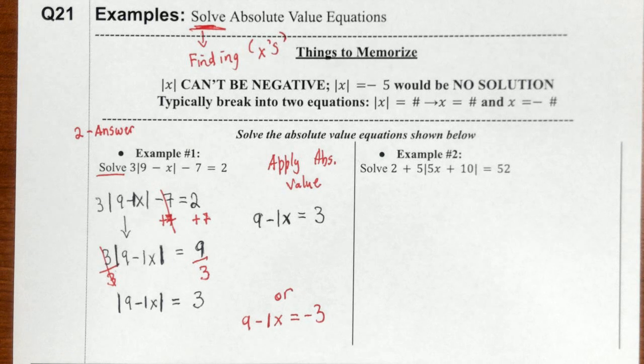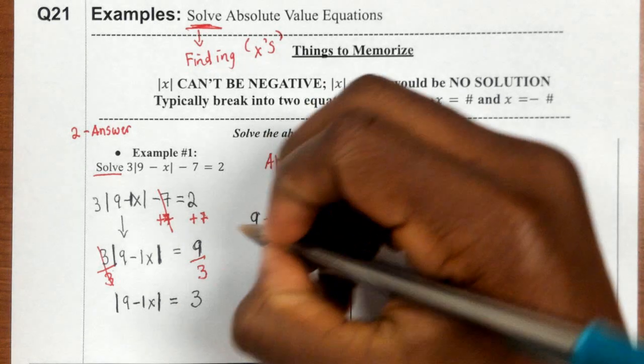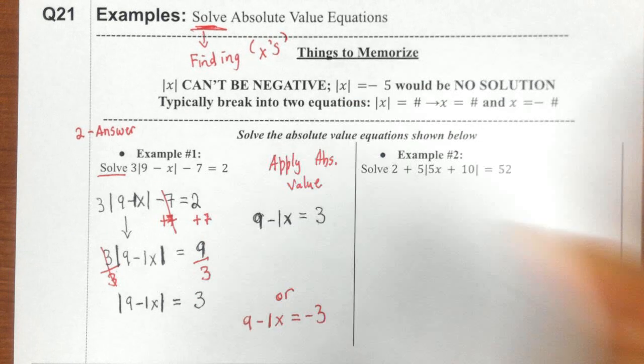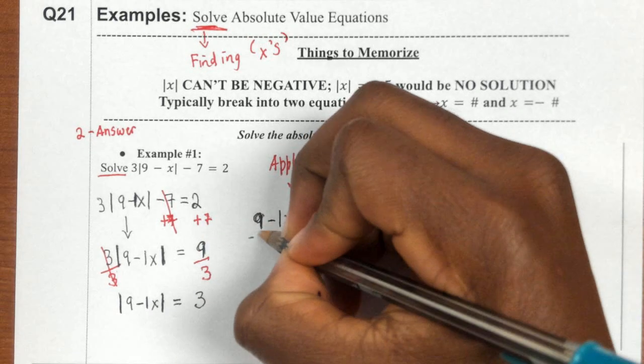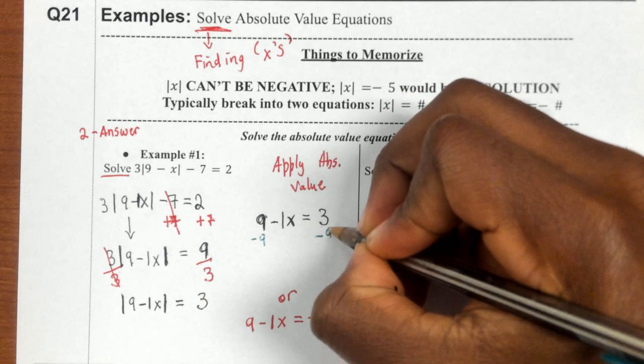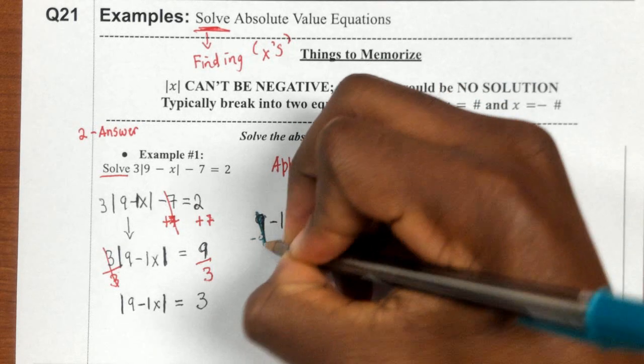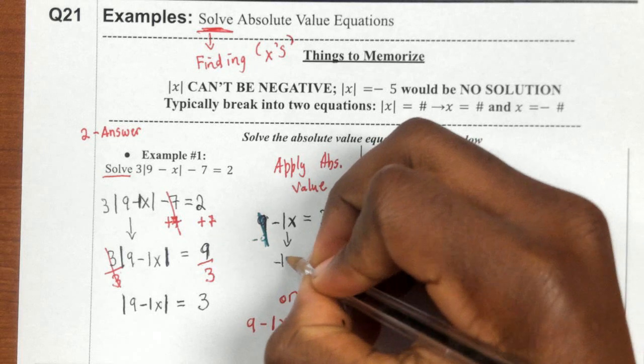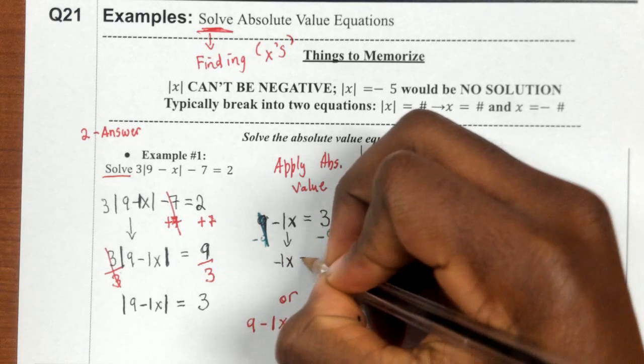So let's try to find my values of x. The first thing I would need to do is move this positive 9 to the other side by subtracting 9 on both sides of my equations. This gets canceled, and my -1x I bring down.